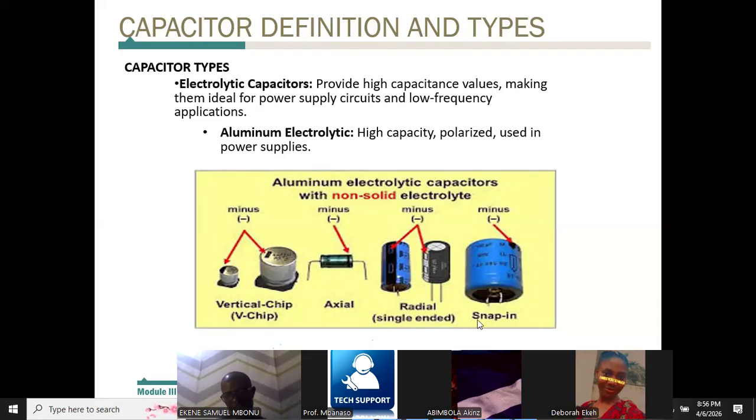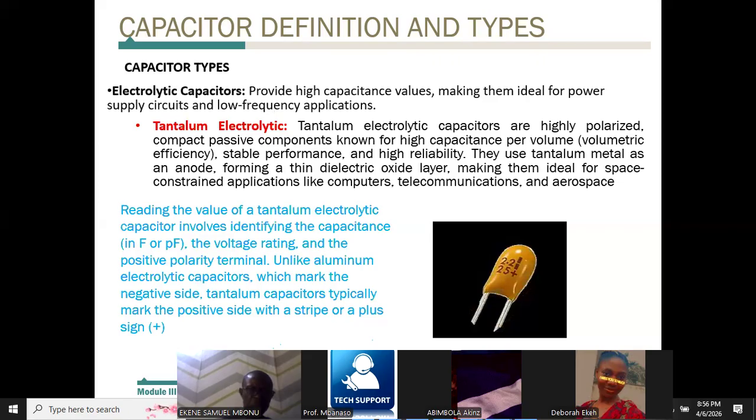For this type, you need to look at the body to know which side is negative and which side is positive. You also have tantalum electrolytic. Tantalum electrolytic capacitors are highly polarized, compact, passive components known for high capacitance per volume, stable performance, and high reliability.